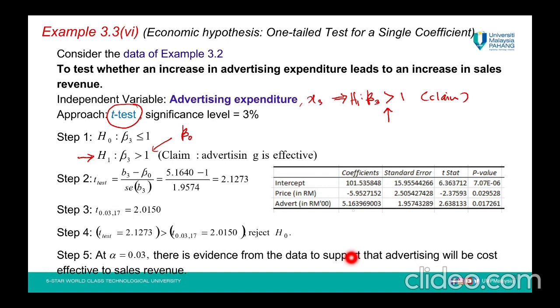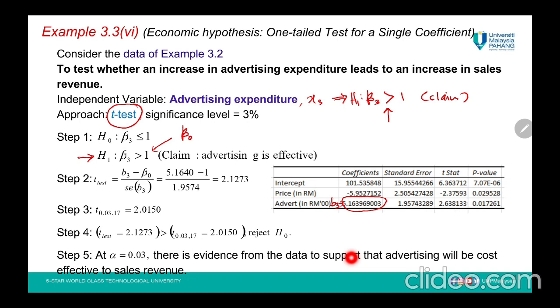In step 2, we want to calculate the t-test. The formula for the t-test is B3 minus beta 0 divided by the standard error for B3. After we substitute the value of B3, this is the value for B3, taking the value at 4 decimal places, minus 1. 1 here is beta 0, divided by the standard error for B3.